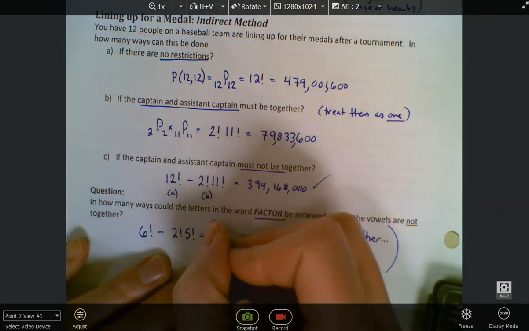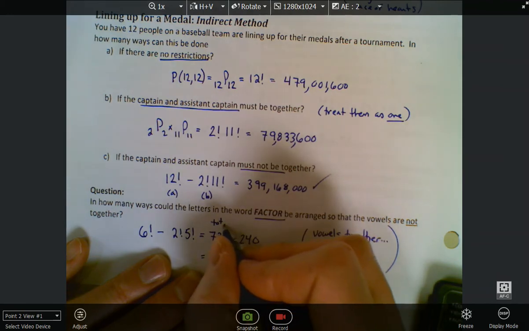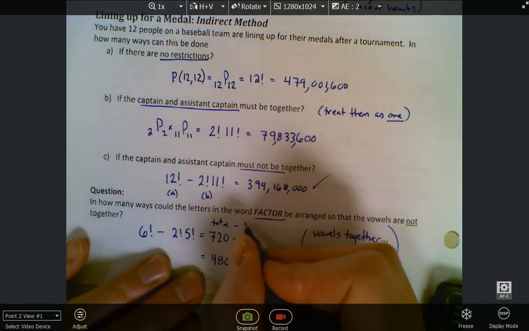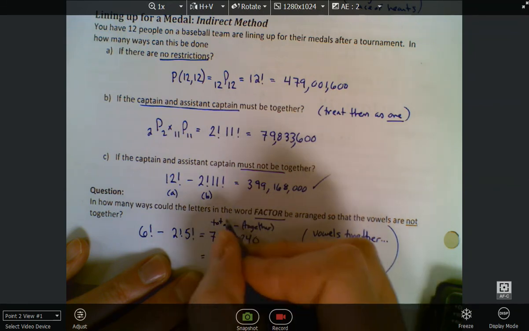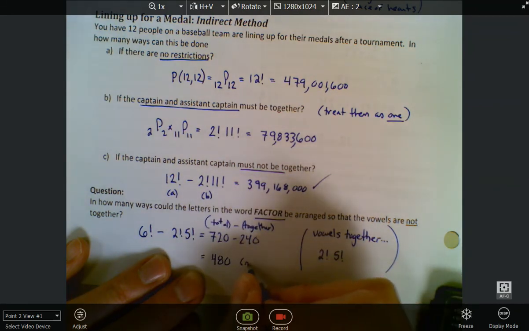So if you want, that's the total, subtract together, and that gets you the not together.